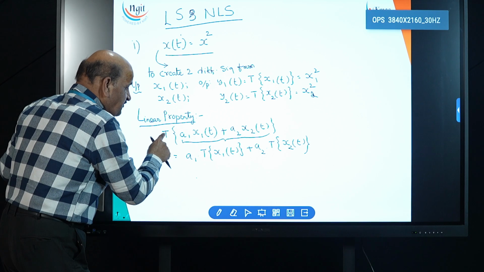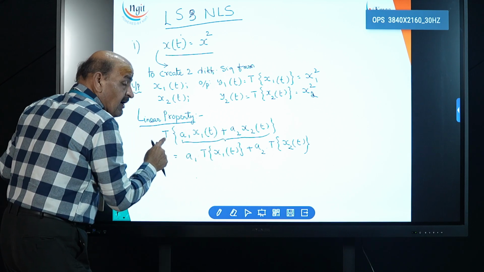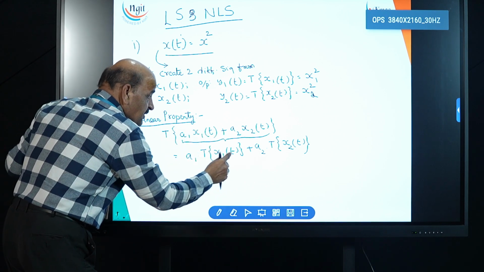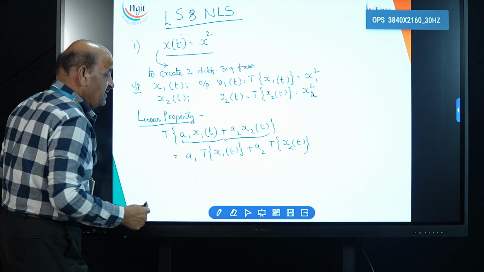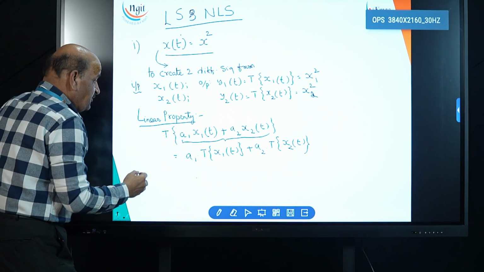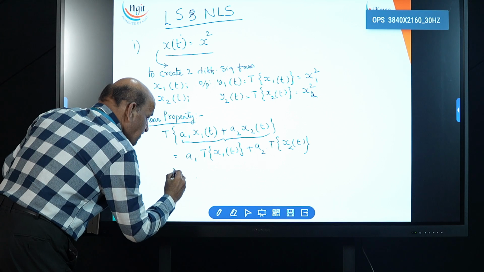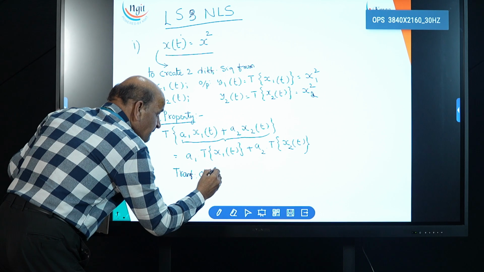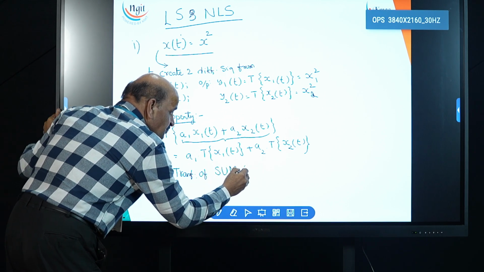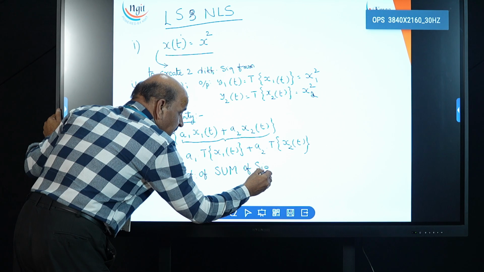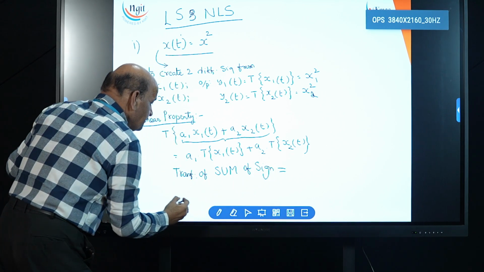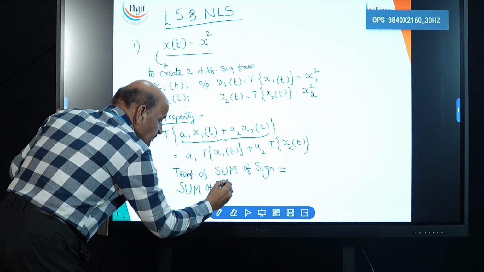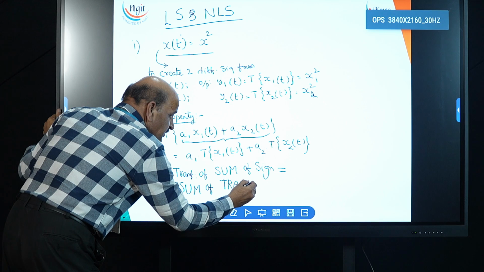You have to remember: transformation of sum of signals should be equal to sum of transformation of signals.